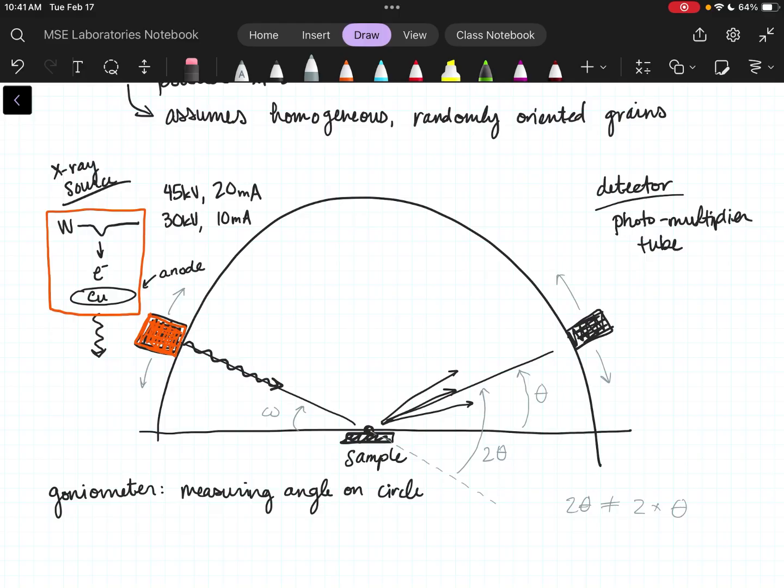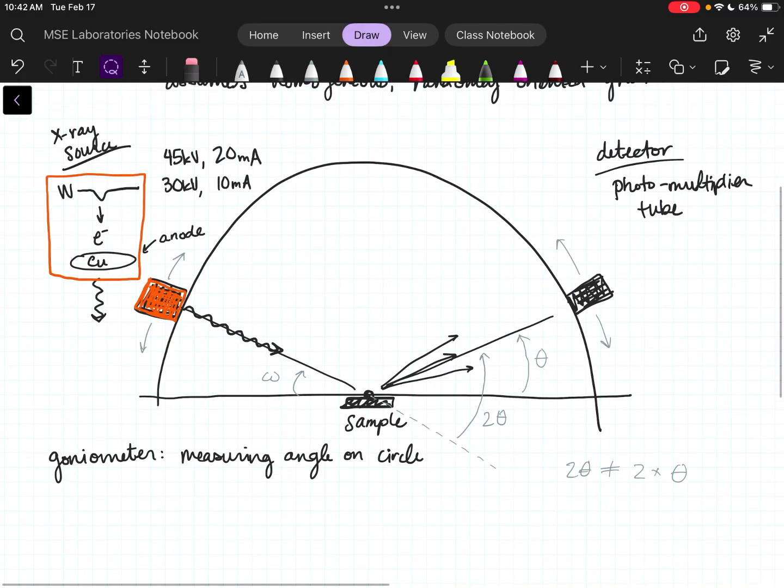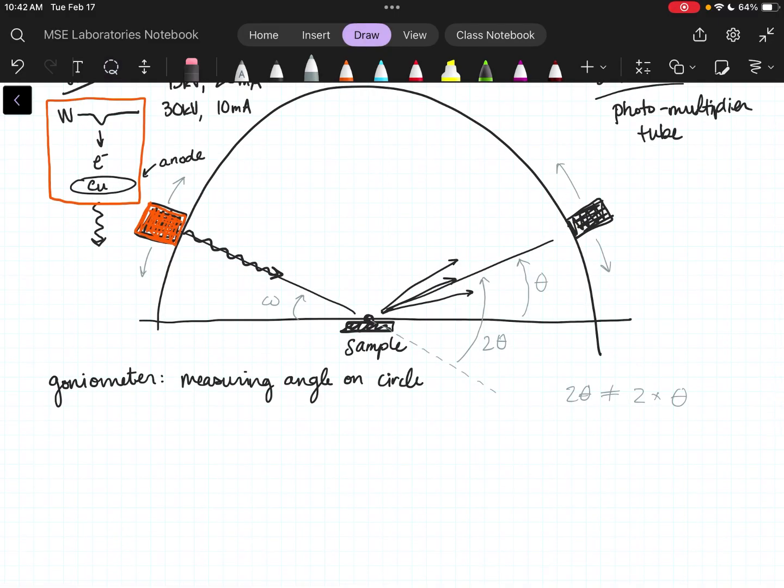When we are talking angles, we call the sample or the source angle omega. So that's the curly W, that's a lowercase omega there. So that's fun and a little bit confusing sometimes. So it's important to recognize when we're talking about 2 times theta versus 2 theta as if 2 theta were its own independent variable.